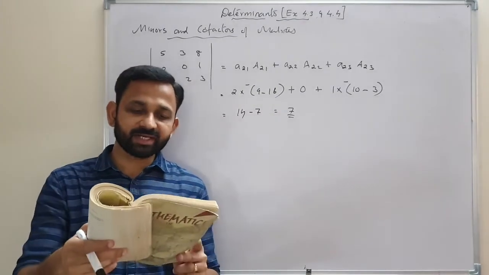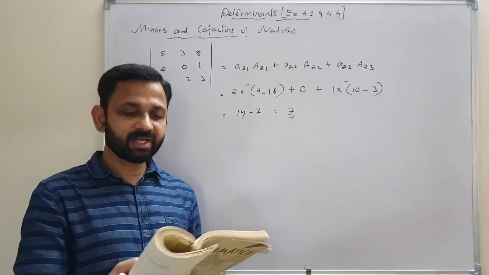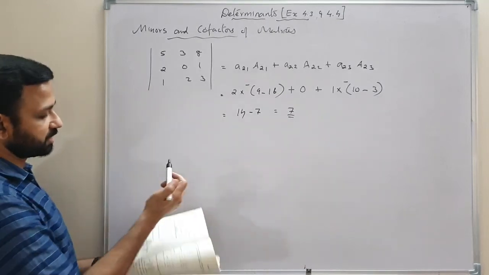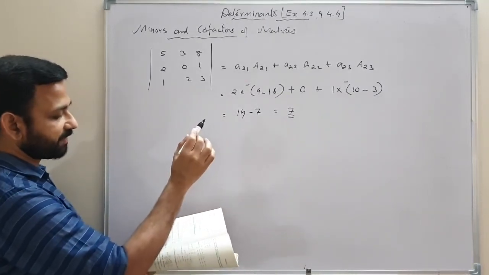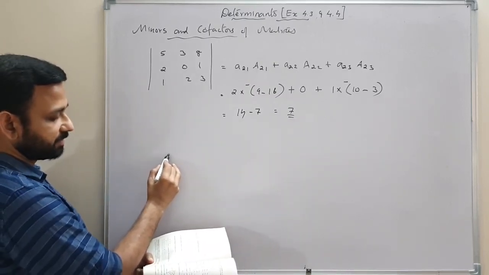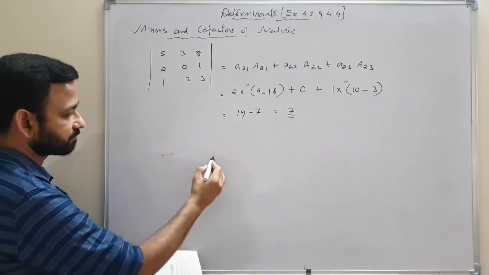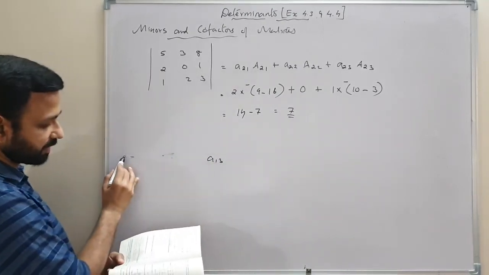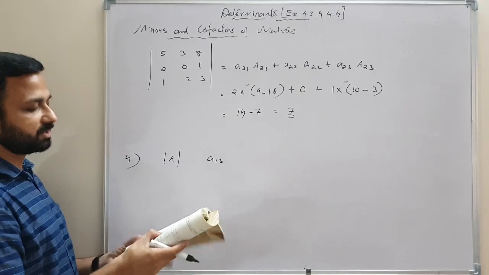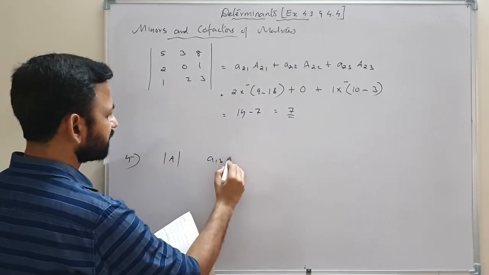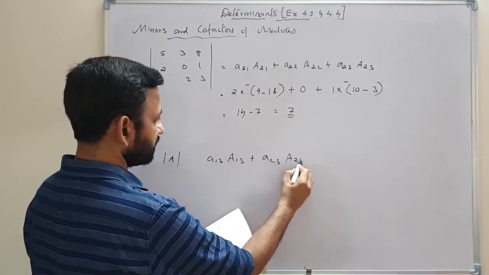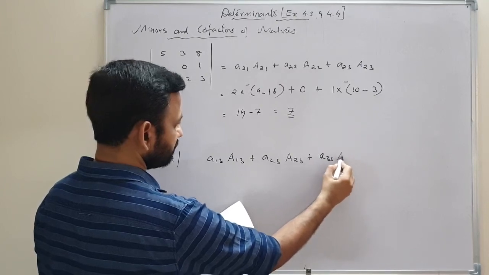Similarly, we can find the fourth question, using cofactors of elements of third column, evaluate. So that we can do the same way. When we do the fourth question, using cofactors of the elements of third column, we will write the determinant A by using third column: a13 into A13 plus a23 into A23 plus a33 into A33.